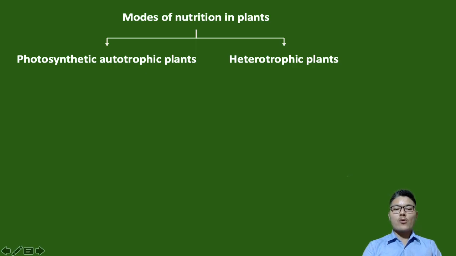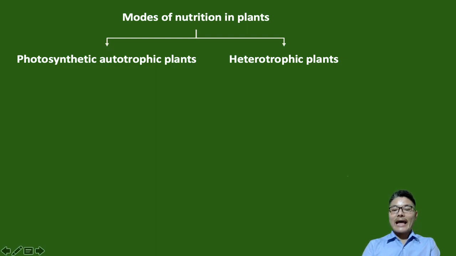That's why the term auto refers to self, and trophic here refers to feeding. So self-feeding plants are known as photosynthetic autotrophic plants. Mainly they feed themselves with the process of photosynthesis. And in photosynthesis, plants are using sunlight energy. That's why photo. Synthetic here refers to combination or formation. So photosynthetic autotrophic plants synthesize their own food.